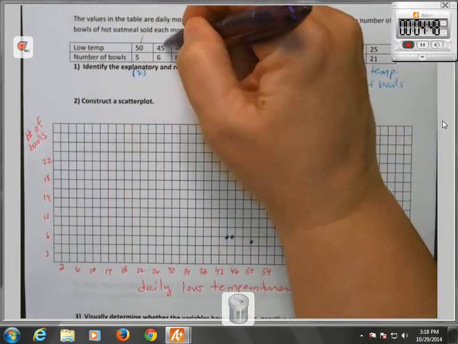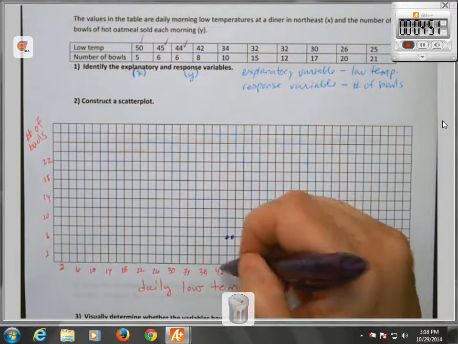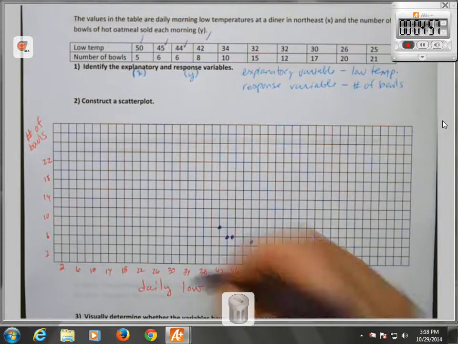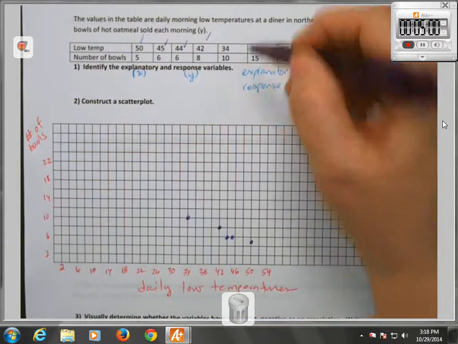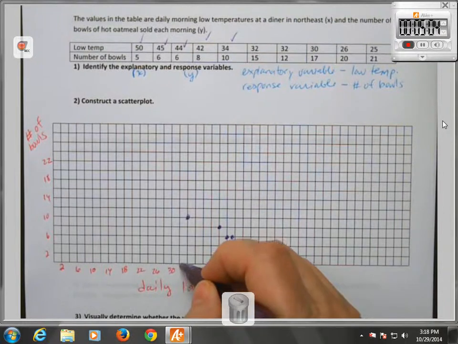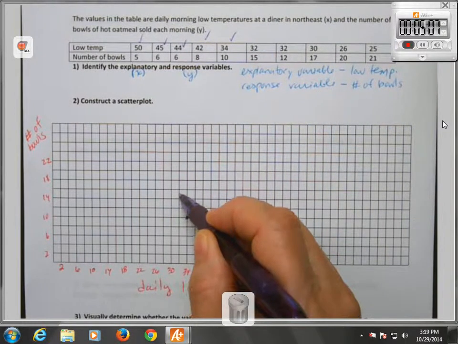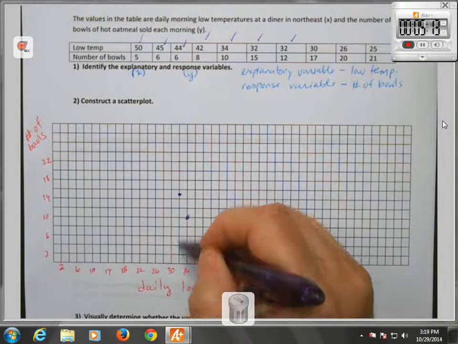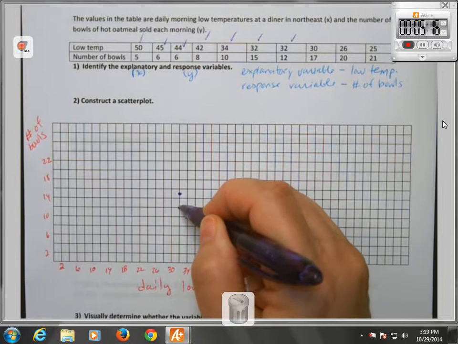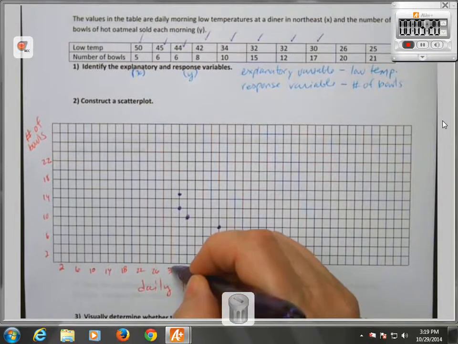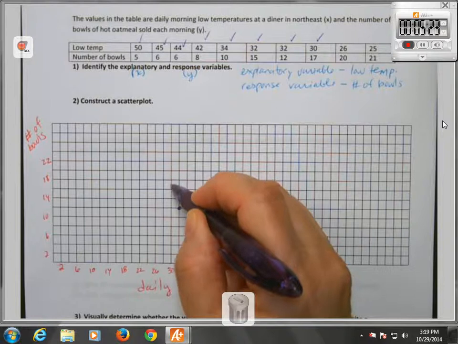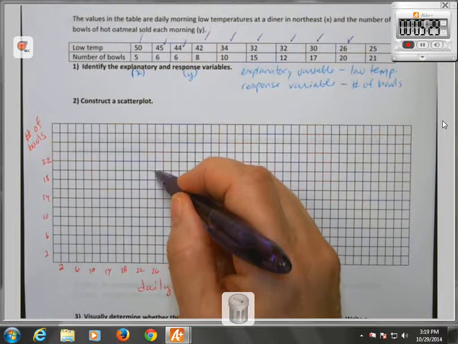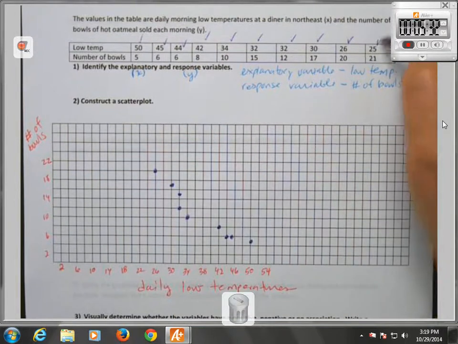I'll check them off as I go. (42, 8). (34, 10). (32, 15). (32, 12). (30, 17). (26, 20). And (25, 21).